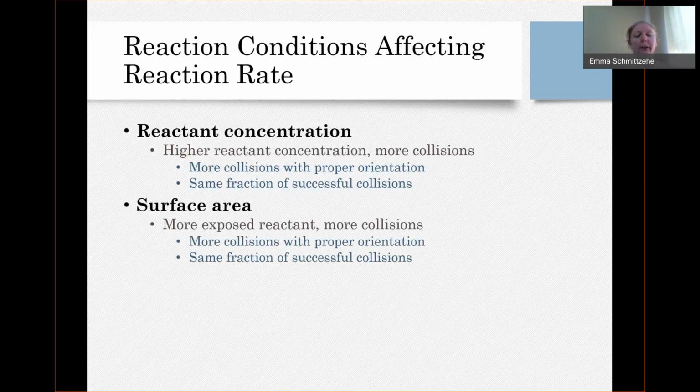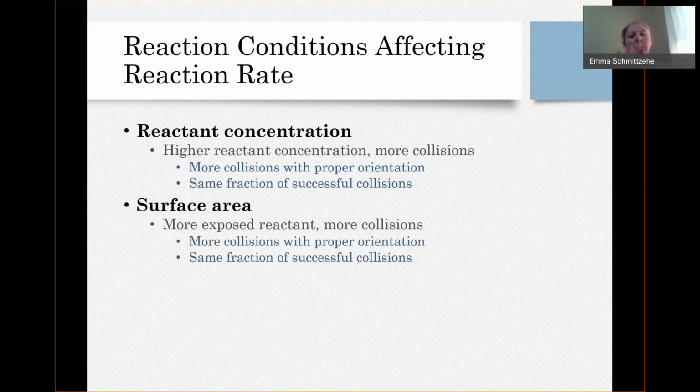Now, another condition that can affect reaction rate is surface area. Usually, or really, this only comes up when you're talking about solids. So if you have a solid that is being reacted with, if it's all clustered up, then you just have the surface area of that that can be collided with and react with things.